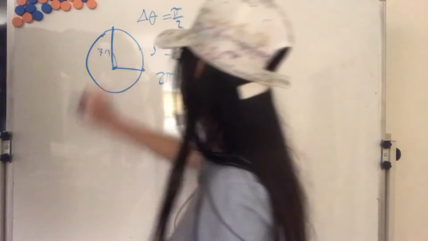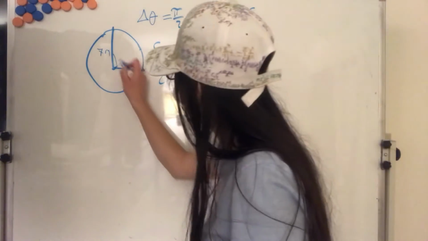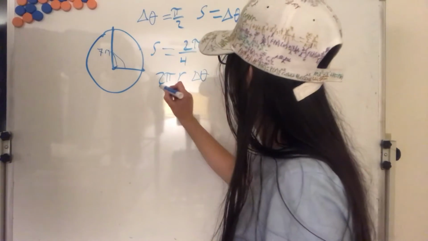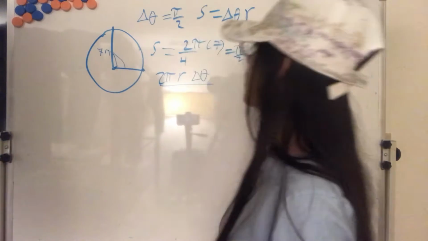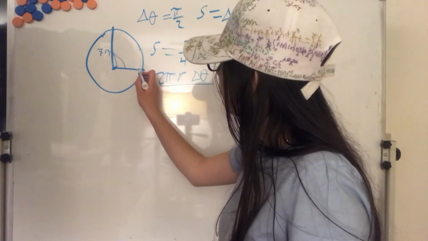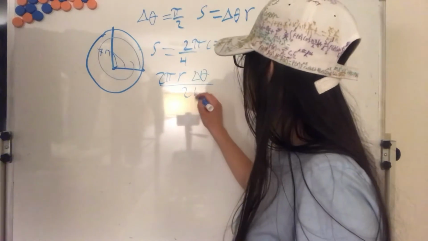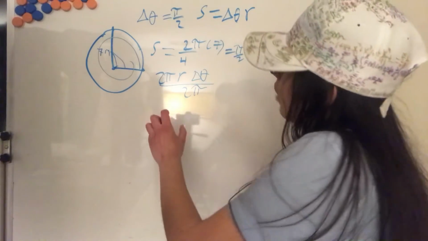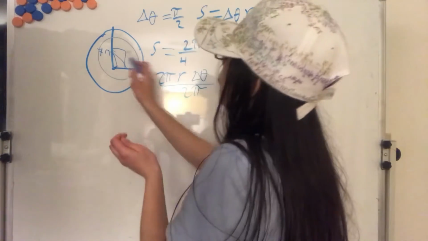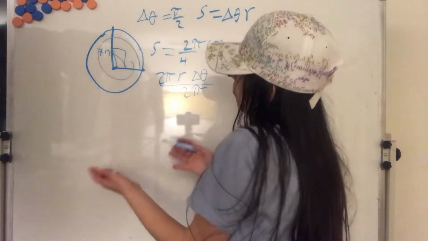of the total circumference. So what is this fraction? This fraction is delta theta over the circumference of this circle, that is 2 pi.